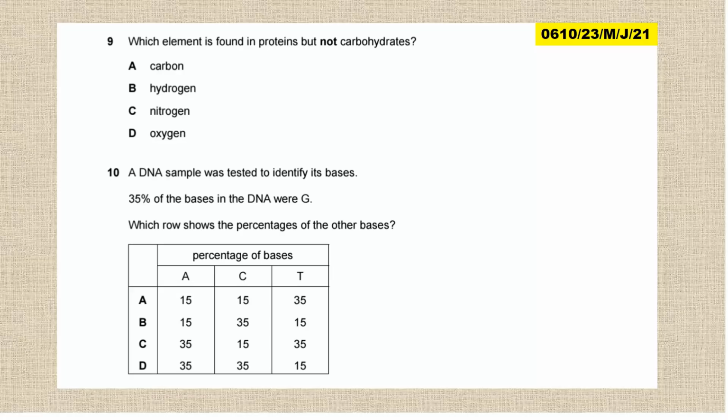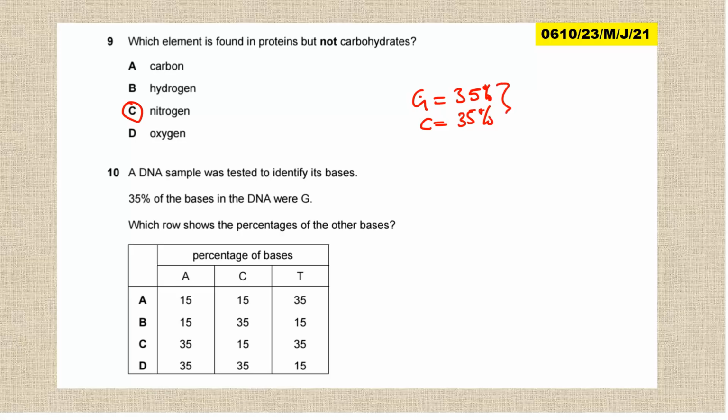This is paper 2, variant 3, May, June 2021. Which element is found in protein but not in carbohydrate? Same question. A DNA sample was tested to identify its bases. 35% of the bases in the DNA was G. Now, if G is 35%, also it means that C, which is corresponding to G, is 35%.